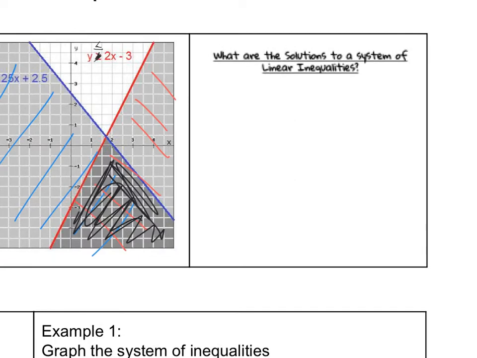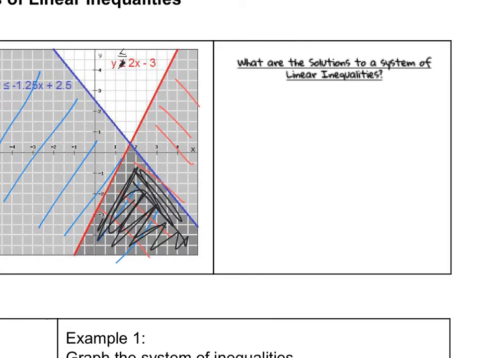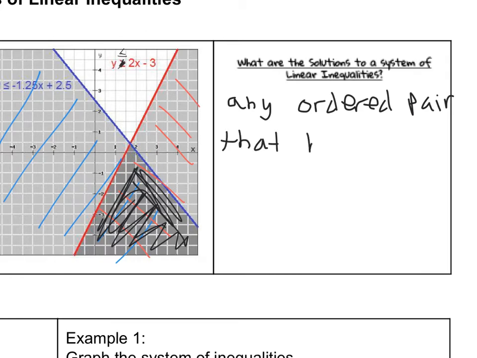Okay, so what are the solutions to a system of linear inequalities we talked about yesterday? It is going to be any coordinate or any ordered pair that satisfies both inequalities, or basically makes both inequalities true.